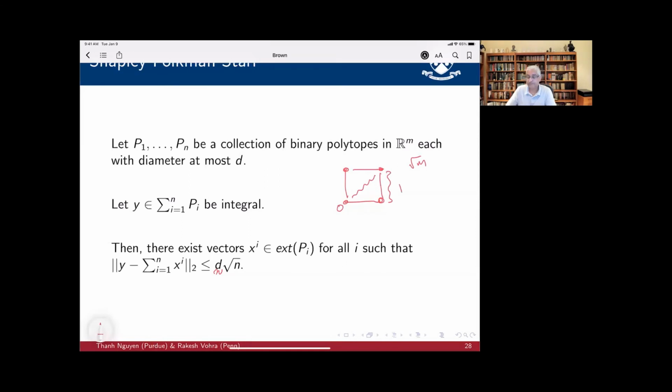It's 1. Now, here is another polytope, which consists of just 2 points, the origin and the vector of all ones. Okay. What's the diameter? It's root m. What is the edge length measured using the L1 norm? It's m. Okay. Now, remember, the delta substitutes property is about the edge lengths as measured by the L1 norm.